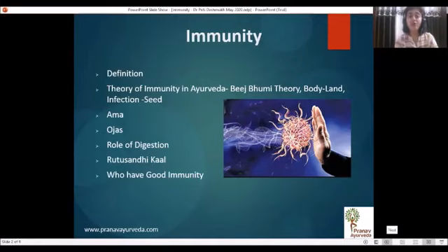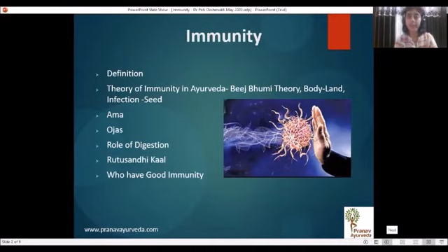There is a theory of immunity in Ayurveda, that is the Bija Bhumi theory. In Ayurveda, it means the seed and the land. In this case, the body is analogous to the land and infection or bugs are like seeds.